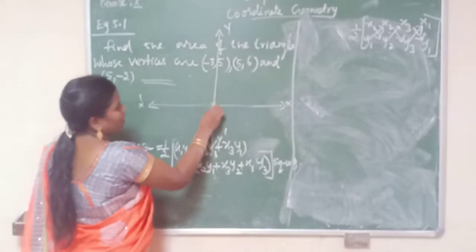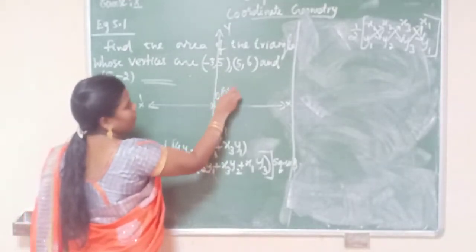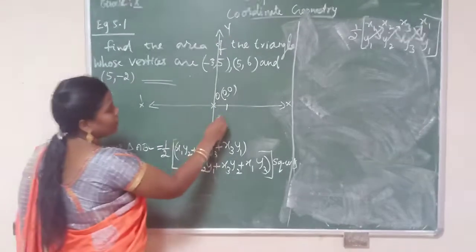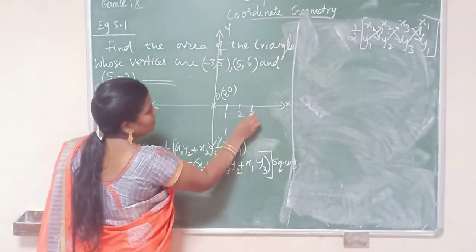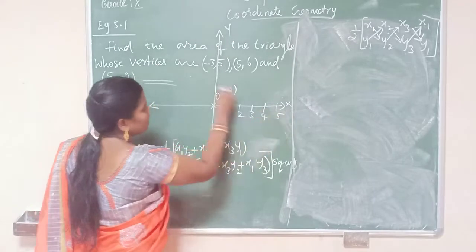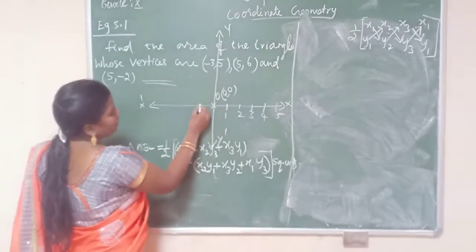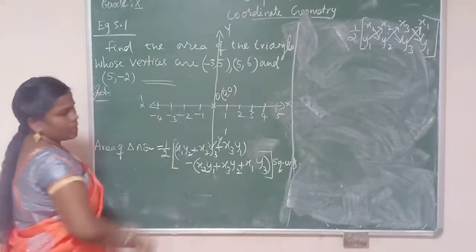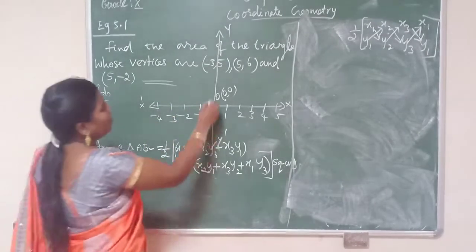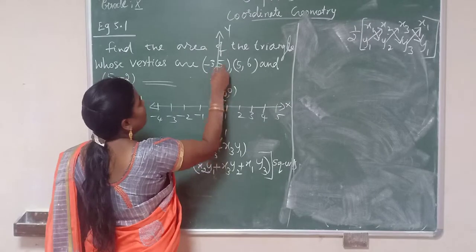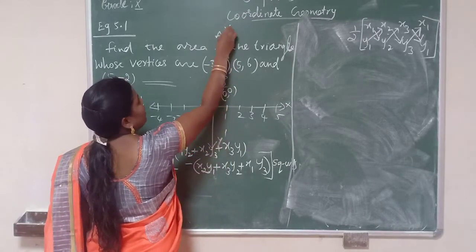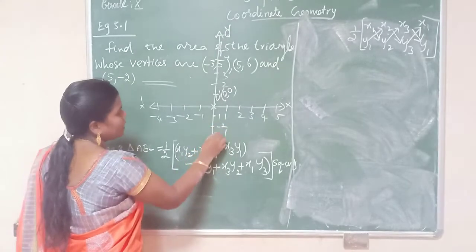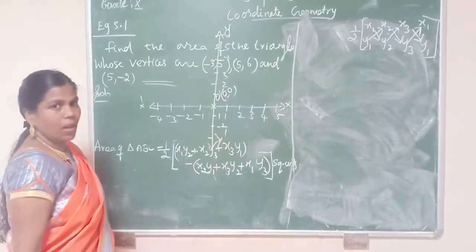Center will be origin O (0, 0). The next values in order, write approximately split points 1, 2, 3, 4, 5, etc. Same way on x dash negative values -1, -2, -3, -4, etc. And y values 1, 2, 3, 4, 5, 6, down -1, -2, -3, etc. Let us plot the points now.